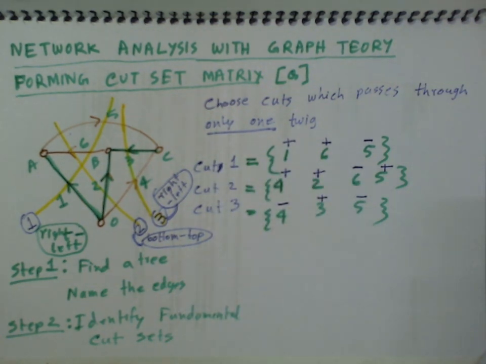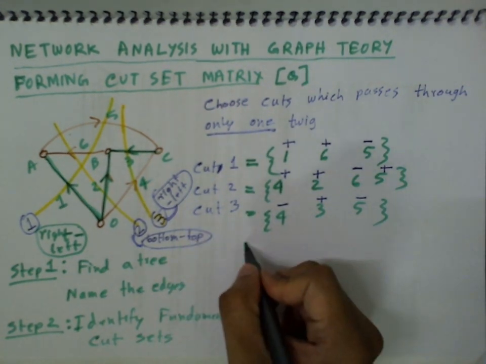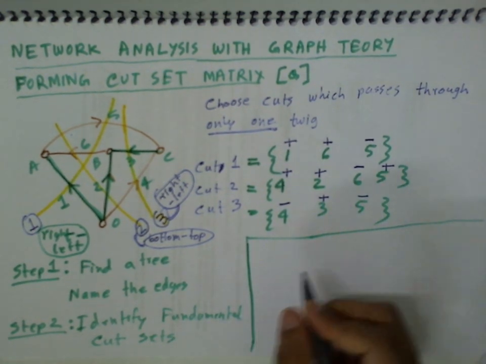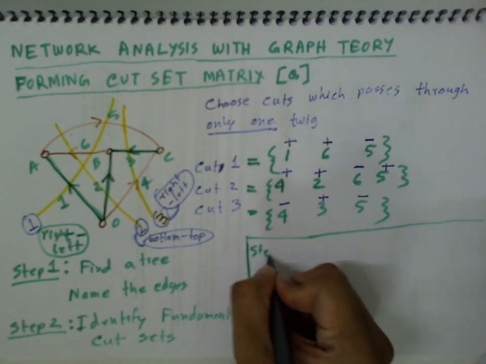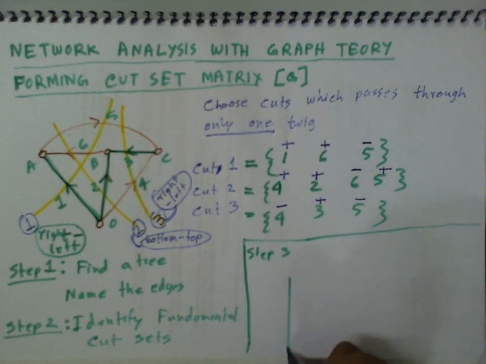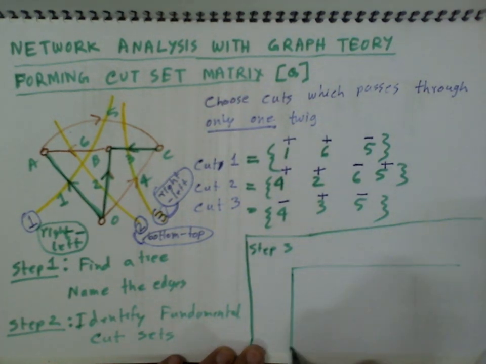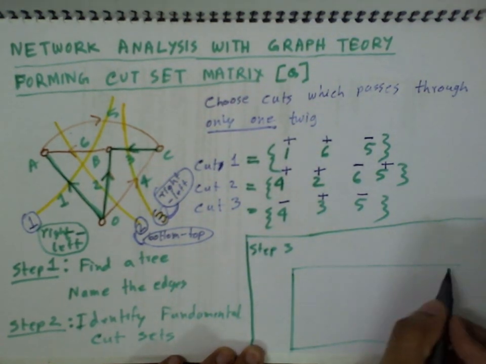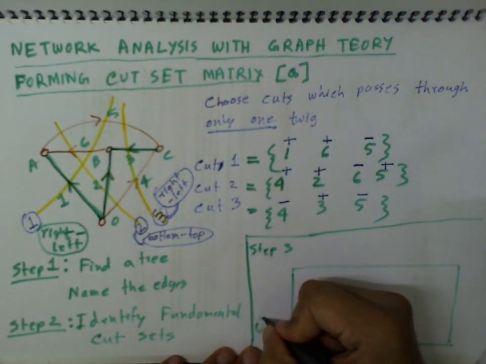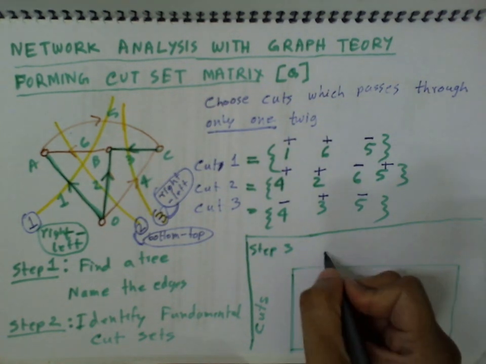Now step 3, this is the final step, is to write a matrix or a table which is like this. On this side I take different carts, and on this side I take different edges.